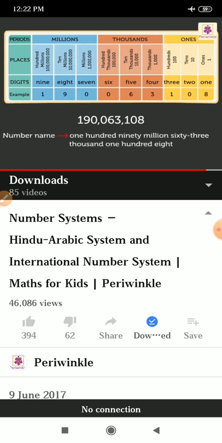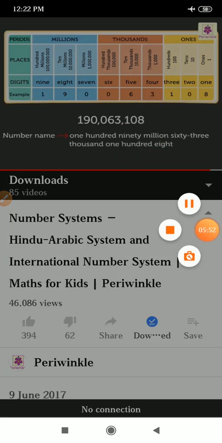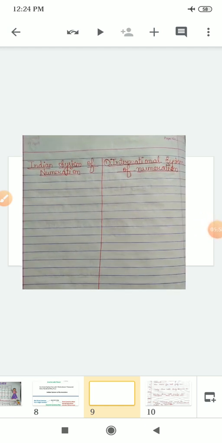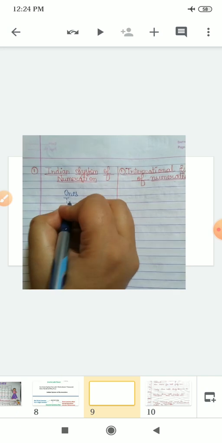Ones, tens, 100, then 1000, after that 10,000, I'm writing in short, then after that lakh, then 10 lakh, then crore, after that 10 crore. Understood?